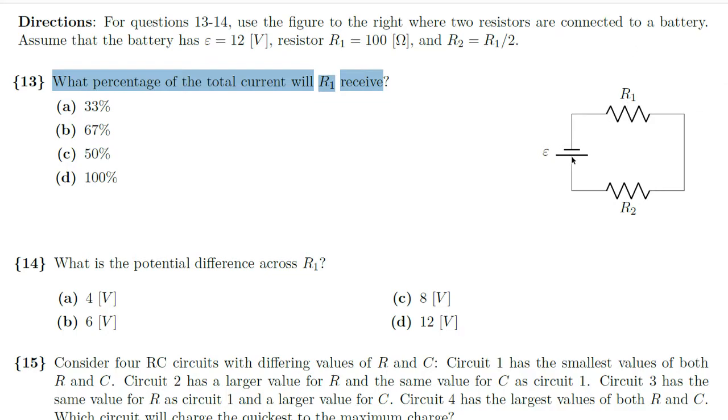There is one continuous path from the battery through resistor 2 and 1, and there's no choice. That's series. So if it was in parallel, the current would be split and you would have less than 100% to one of the resistors and also less than 100% to the other resistor. The total would add up to 100% if they were in parallel. But we know they're in series.